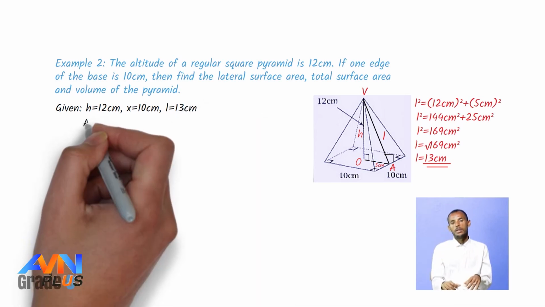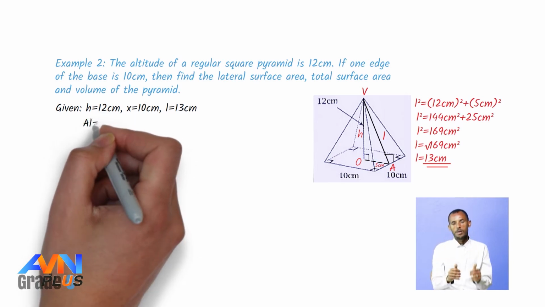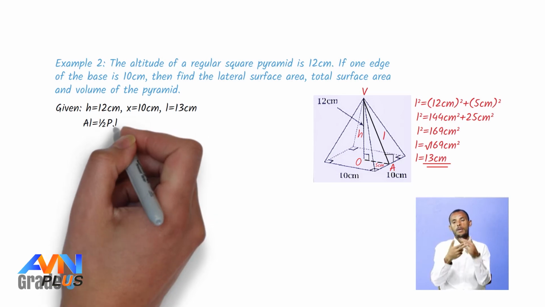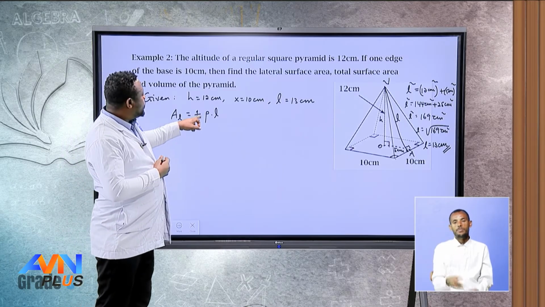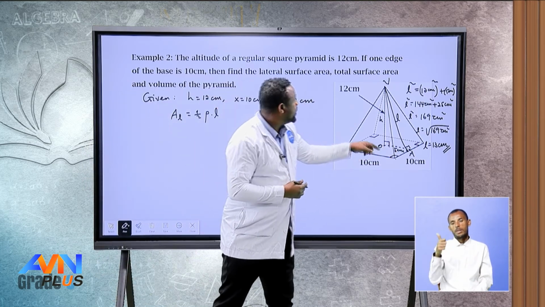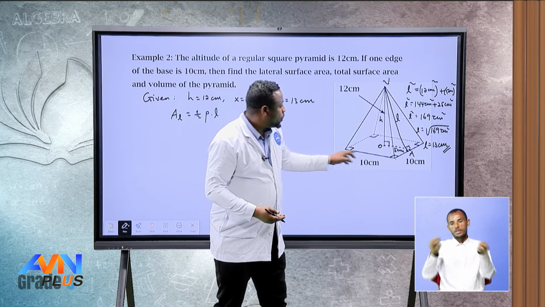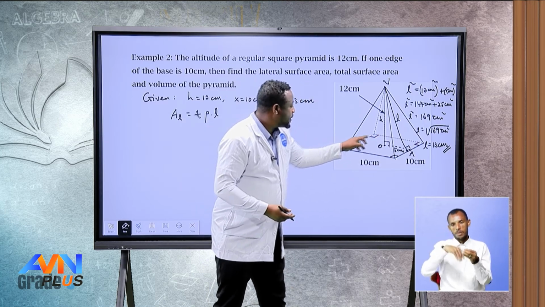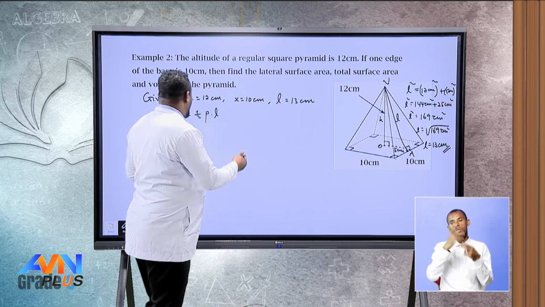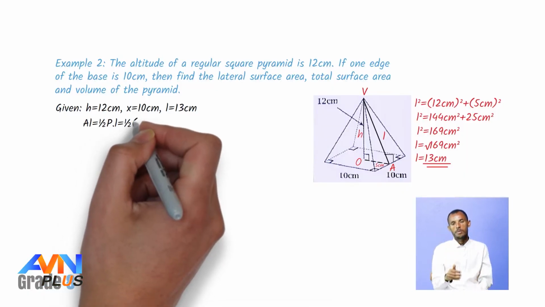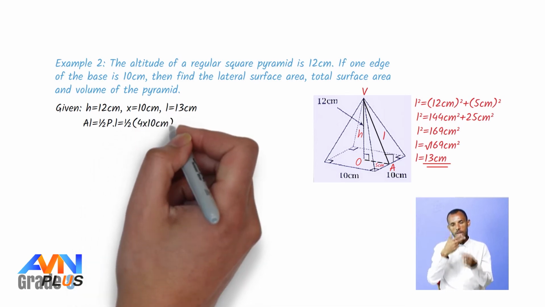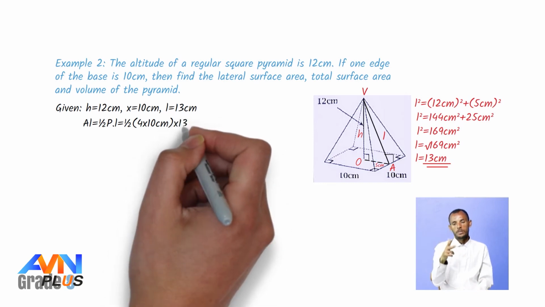So now we can calculate the lateral surface area. The lateral surface area is half of the perimeter of the base times the slant height. Now the perimeter of the base is, look, this is 10, this is 10, it's a square base, so 10 plus 10 plus 10 plus 10. Totally we have 4 times 10. So this becomes half of 4 times 10 centimeter times the slant height, which is 13 centimeter.